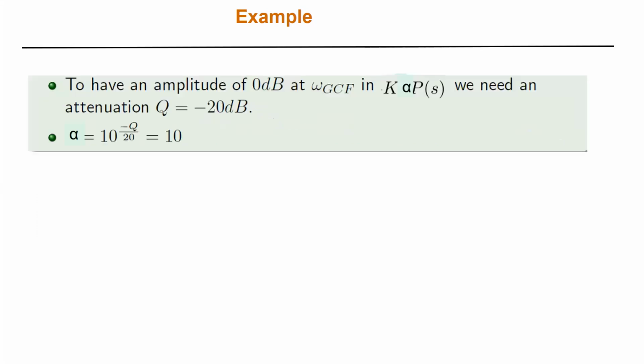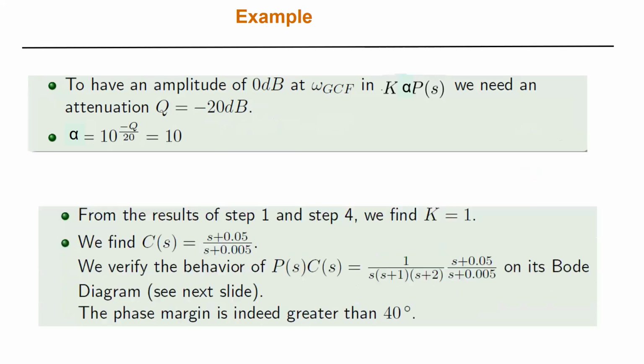Now I need the alpha. The alpha, we said, I should take gain of minus 20 dB from the system. So alpha equal to 10 to the power minus q over 20, and q itself is negative. So this will give me alpha will be 10. Once I have alpha and I have tau, then I'm done with the design, because I can find, remember we said, omega z equal 1 over tau.